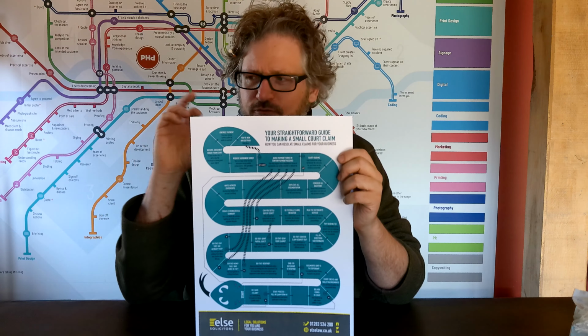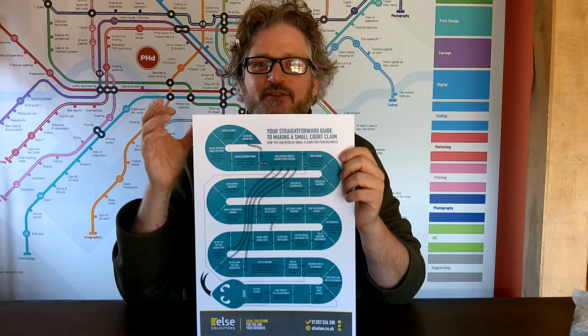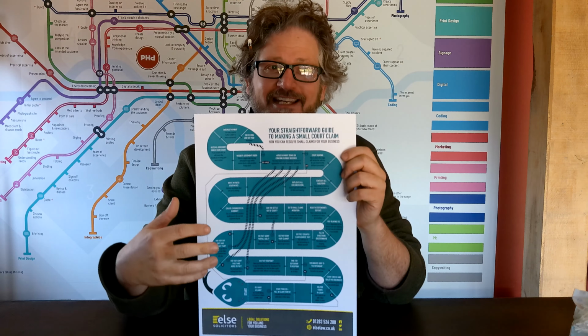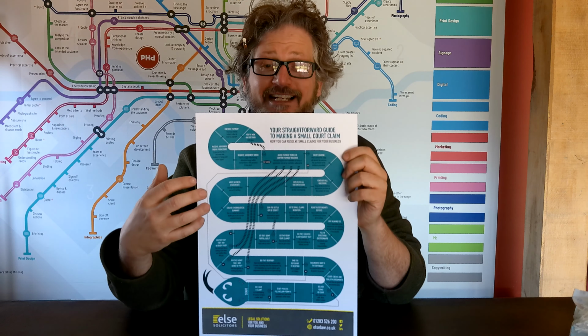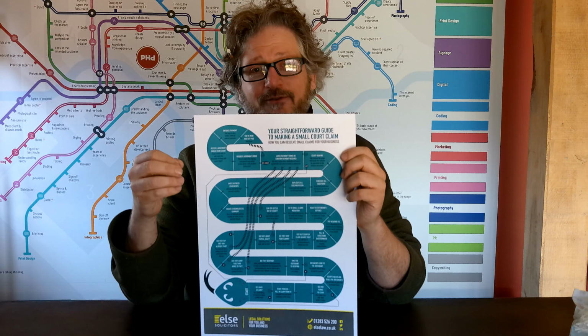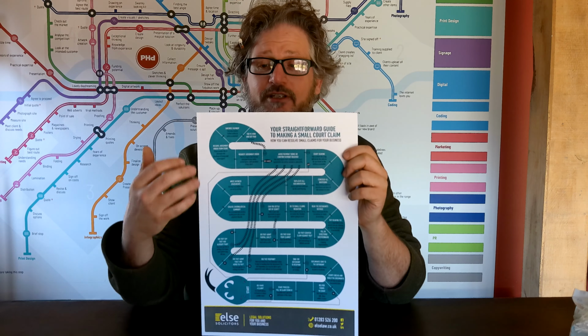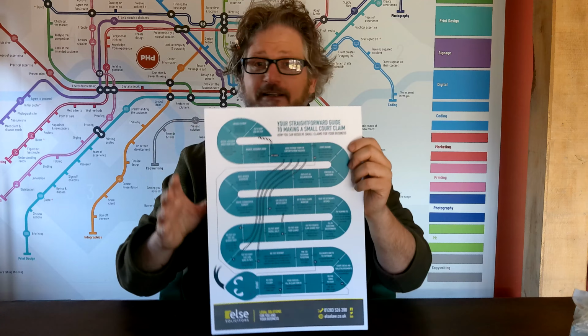We managed to condense a really thick bundle of dry papers in legalese into something more engaging, more approachable and more understandable, but which also showed the pitfalls and the benefits of using somebody that knows that game, so you can shorten your journey to getting your money back. It worked fantastic, and we did a whole range of them in a similar vein using games and all the rest of it.